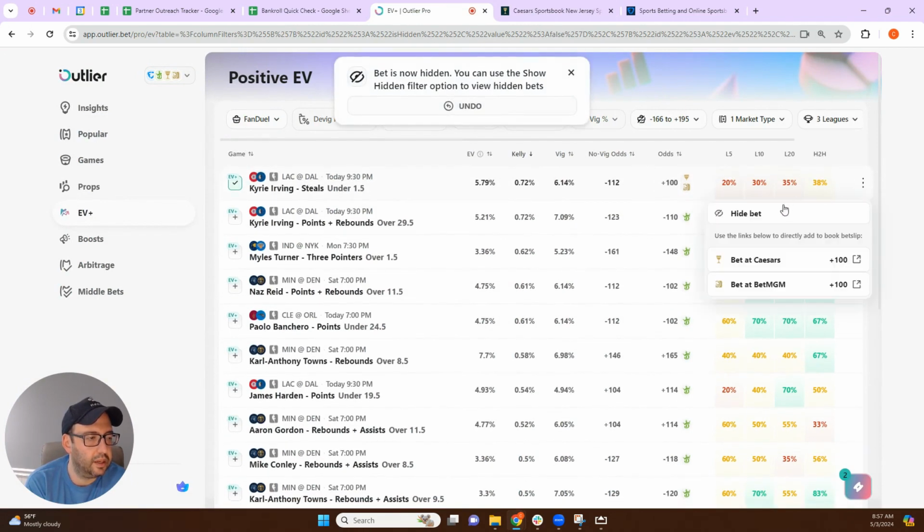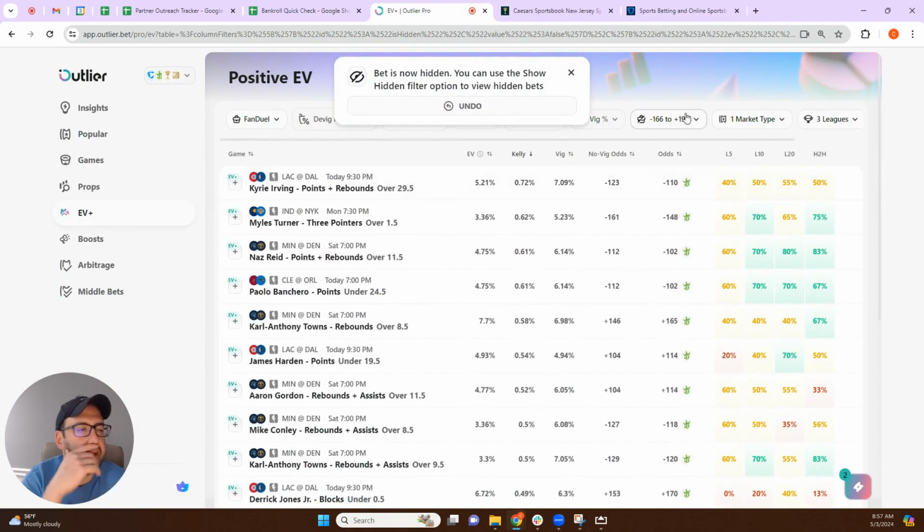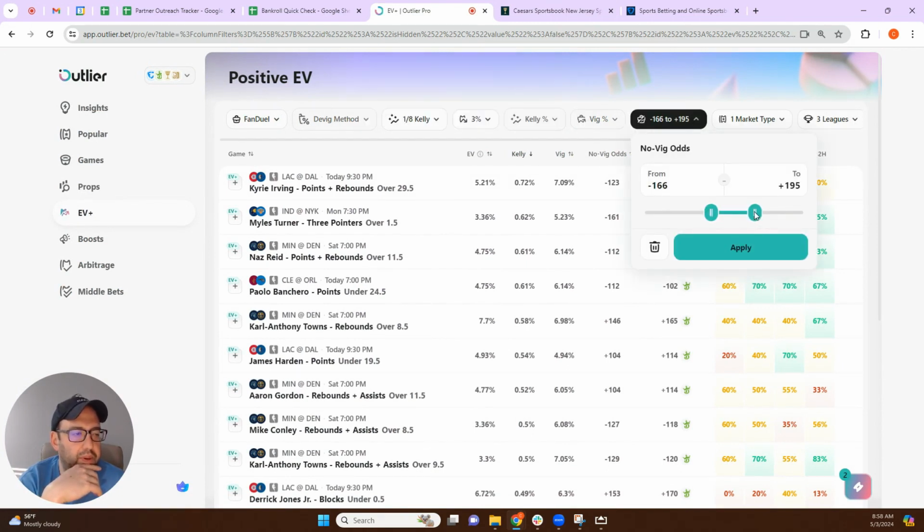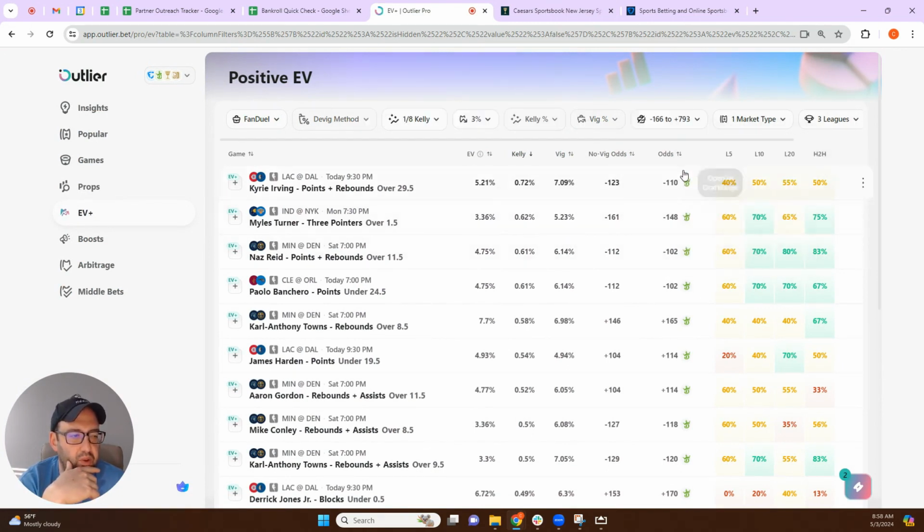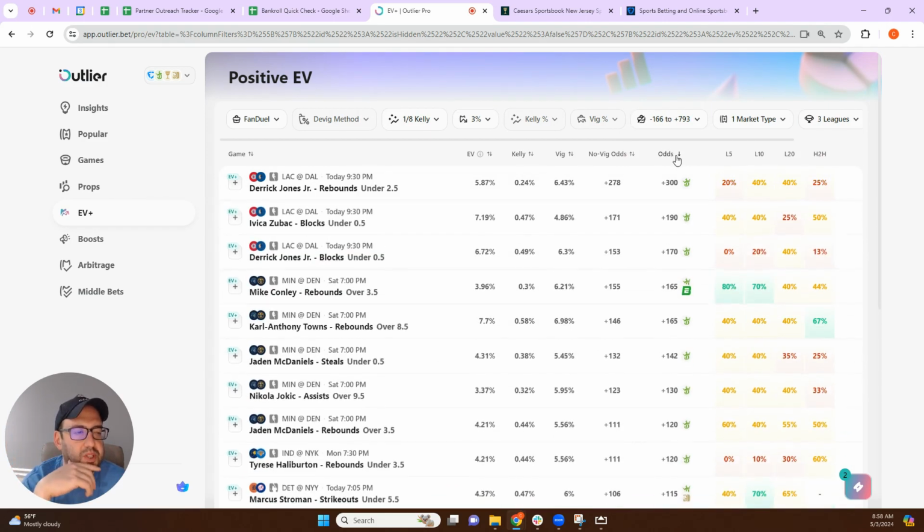Hide bet. So if we open up our odds for long shots here, so right now these are all in like the minus 110 to plus 150 range. When we switch it out here, so you're plus 300, the Kelly percent is actually your guide of the risk associated with the odds here.